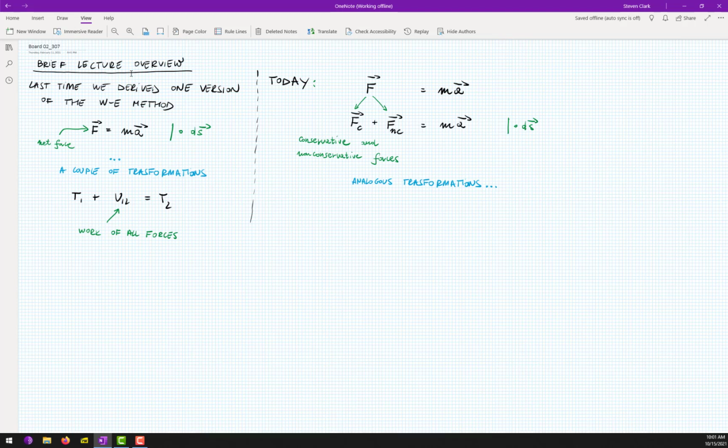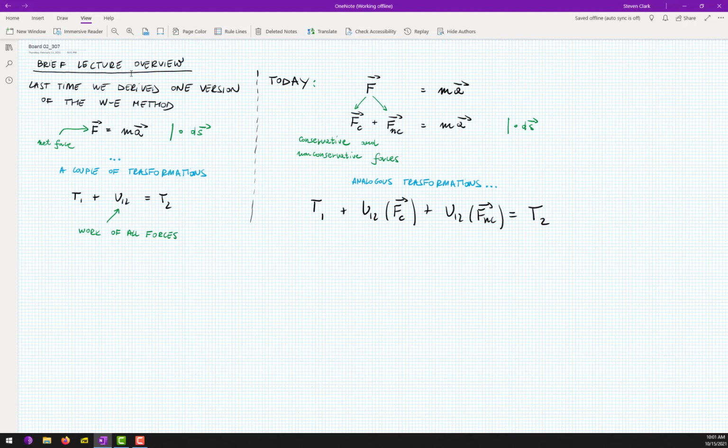We will have analogous transformations, and if you do it at home, you should end up with such an equation: T1 plus U12 of conservative forces plus U12 of non-conservative forces is equal to T2. Very similar expressions, as you can see.